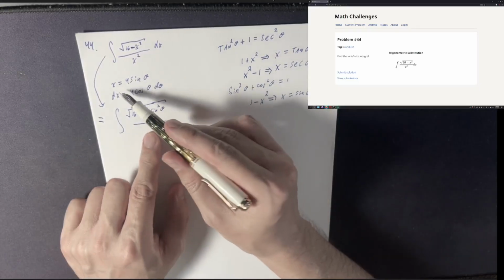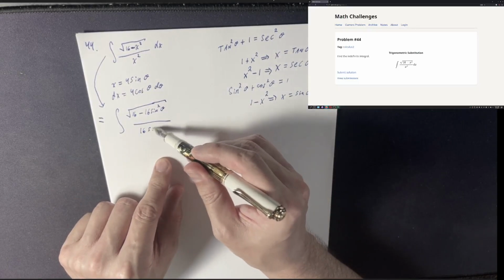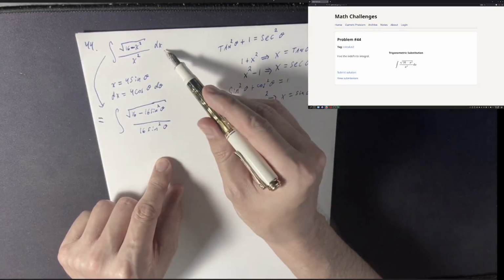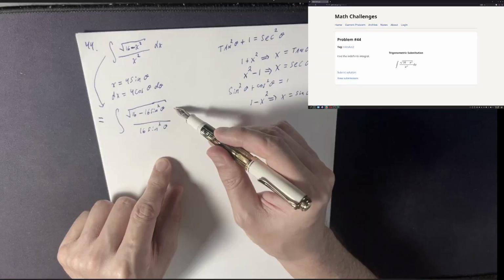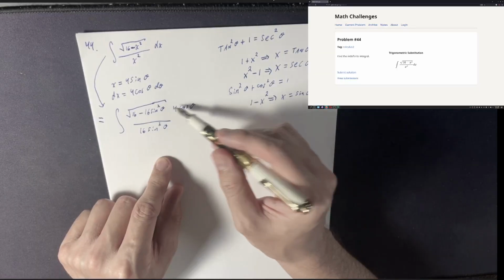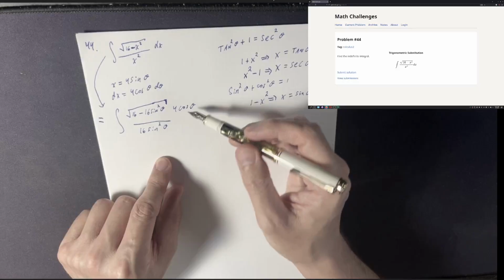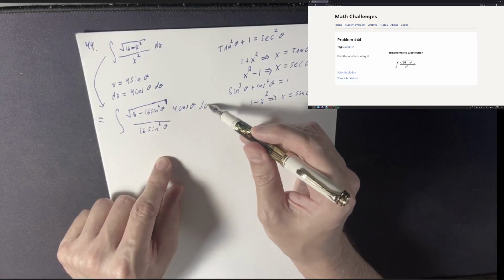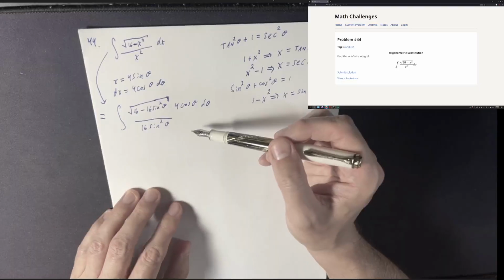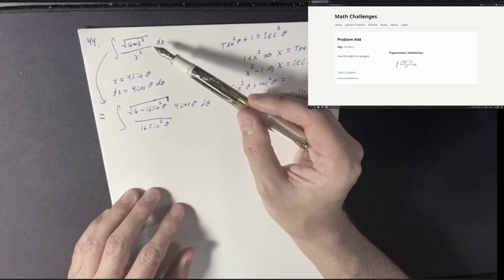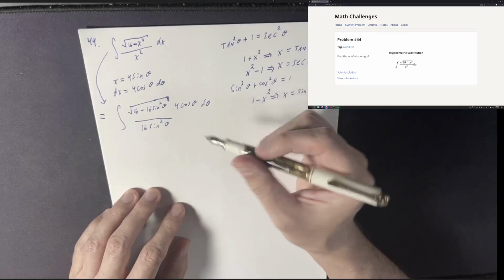Downstairs we get x squared, which is 16 sine squared. And then dx becomes this 4 cosine. That's outside of the radical sign. So that looks worse at the moment, but that's the same integral in a different space.